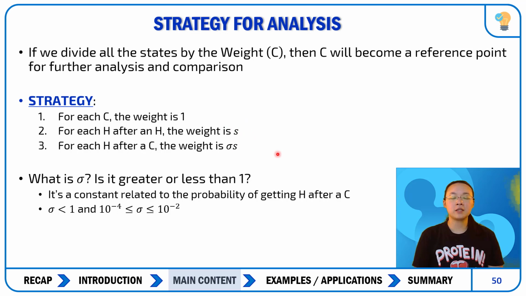Overall, this makes sense because the first hydrogen bond will always be the least favorable and the least possible. And in fact, when we take a look, the value of sigma is really, really low. So you get a value of sigma between 10 to the negative 4 and 10 to the negative 2.